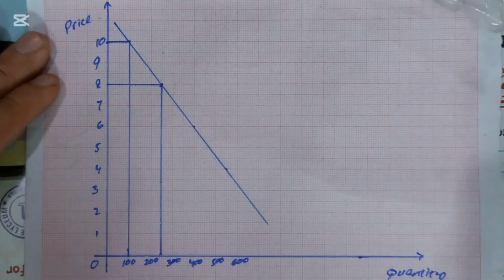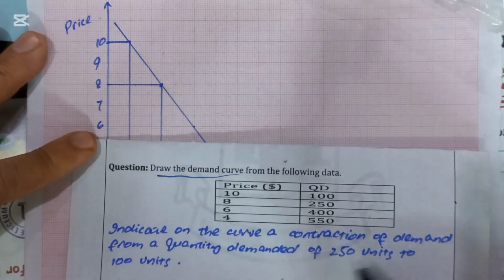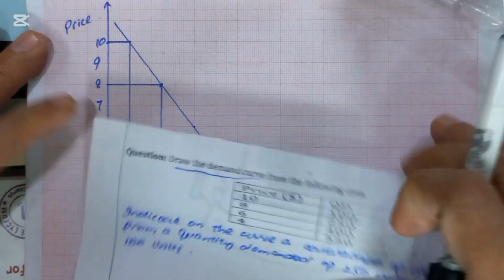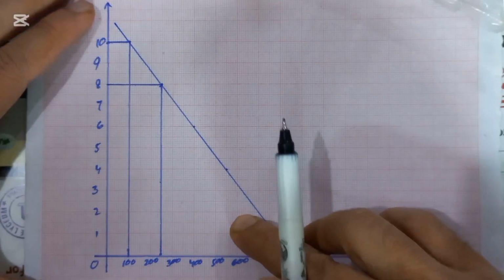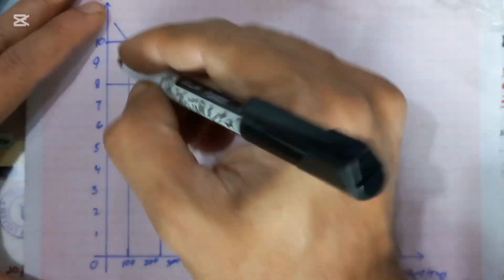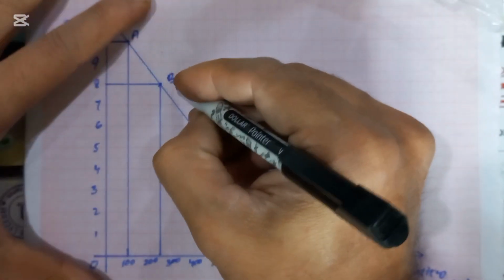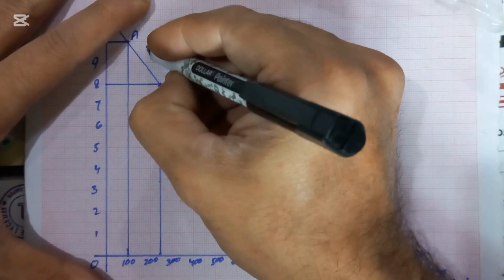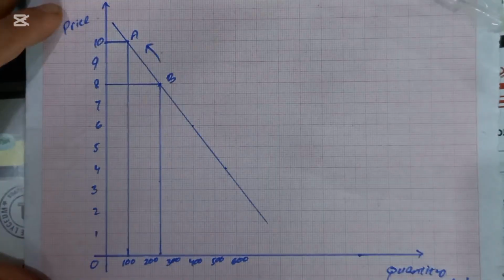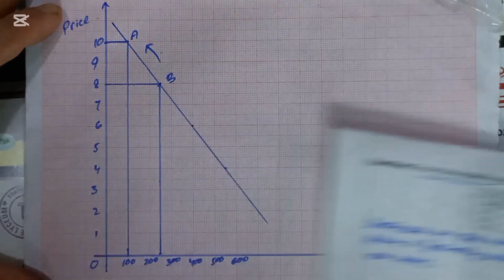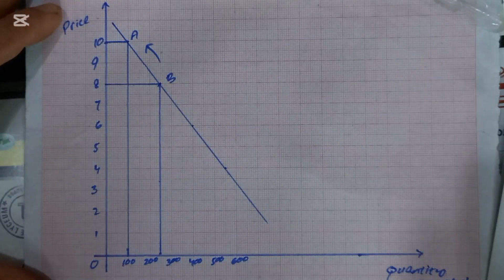The requirement is contraction of the demand from the quantity demanded of 250 units to 100 units. So 250 to 100. Suppose we show this point A and this is B. And here is the contraction. So you have to show an arrow from B to A. This is the contraction of the demand from the quantity demanded of 250 units to 100 units. So this is the graph of the question.